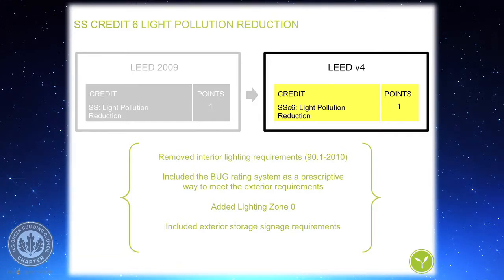BUG stands for backlight, uplight, and glare, three of the key components of how you rate lighting. The way it works, you calculate your lighting zones on site, and then you simply specify lighting fixtures based on your lighting zone that have certain BUG ratings. That's all you do. There's no photometric site plan, no complex calculations. It's far easier than it used to be.